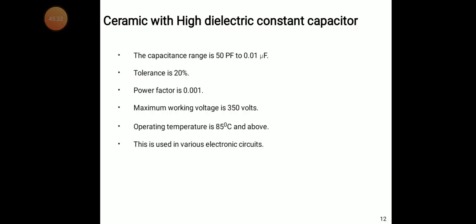The power factor is 0.01. The maximum working voltage is 350 volts, as in the last capacitor. The temperature range is 85 degrees centigrade and above. This is used in various electronic circuits.